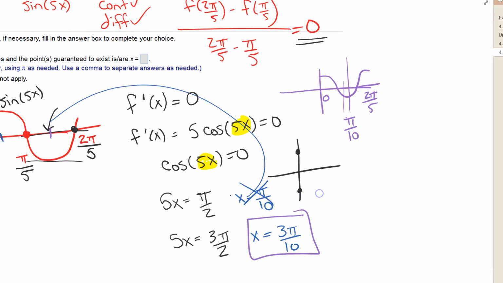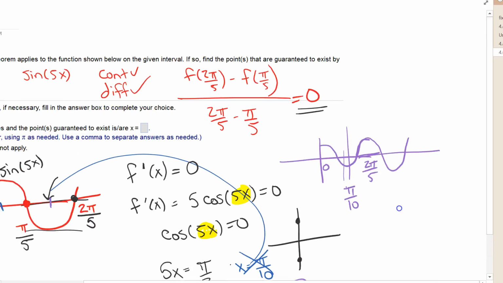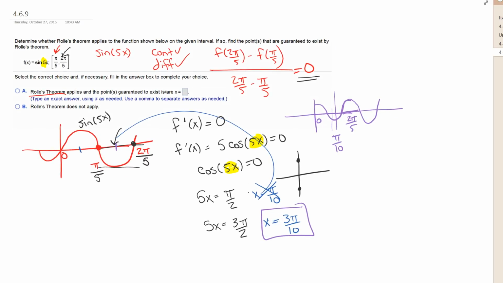I have to keep in mind my original interval. My interval goes from pi over 5 to 2 pi over 5. Oh, sorry. I'm looking for where this is cosine of 5x, where it equals 0, not where the slope's 0.